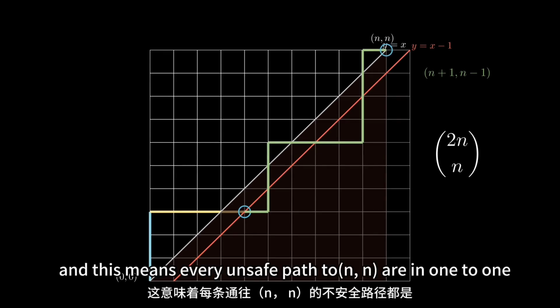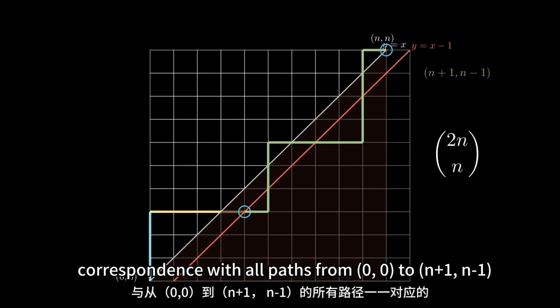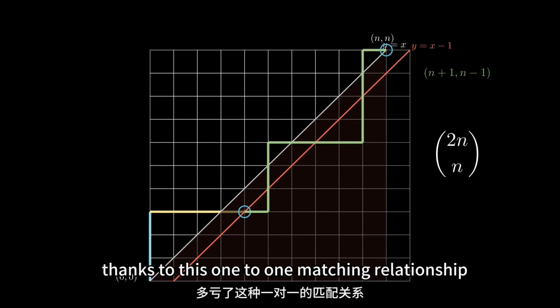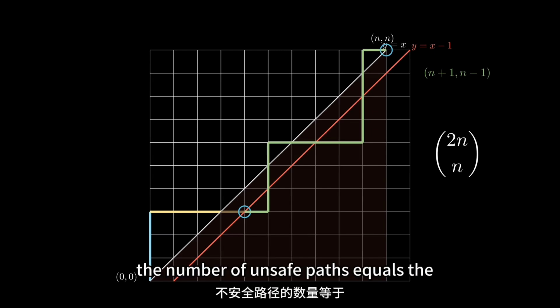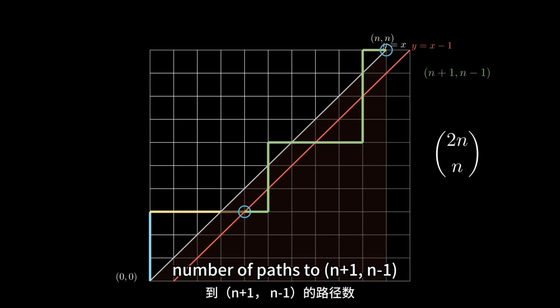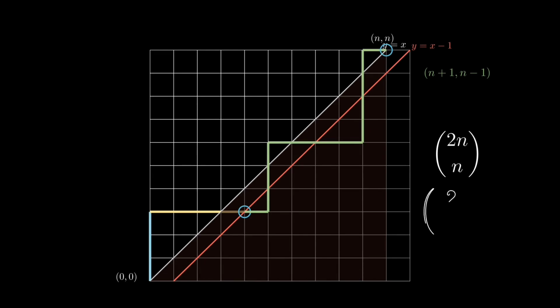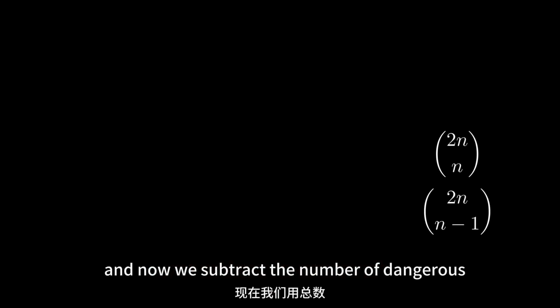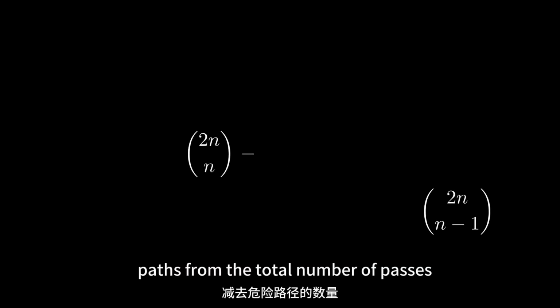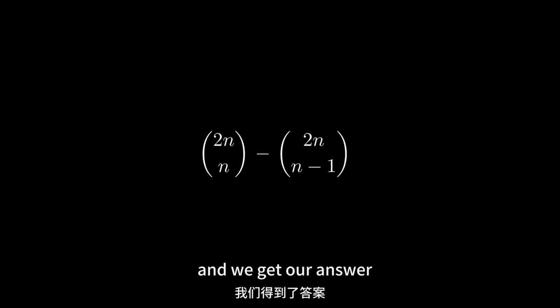And this means every unsafe path to (n,n) is in one-to-one correspondence with all paths from (0,0) to (n+1,n-1). Thanks to this one-to-one matching relationship, the number of unsafe paths equals the number of paths to (n+1,n-1), which is the binomial (2n choose n-1). And now we subtract the number of dangerous paths from the total number of paths, and we get our answer.